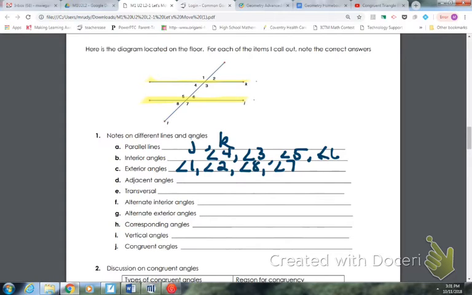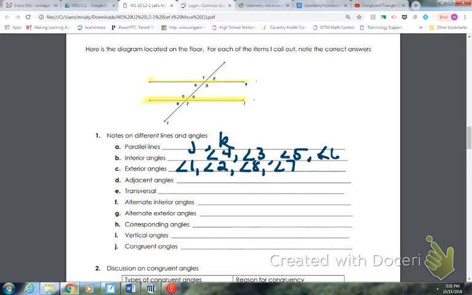Now the other one we're going to talk about before we hit transversal is adjacent angles. If you remember before, adjacent angles are angles that have a common vertex and a common side, but no common interior point. So they're right next to each other. In some ways we talk about them in reference to next door neighbors.